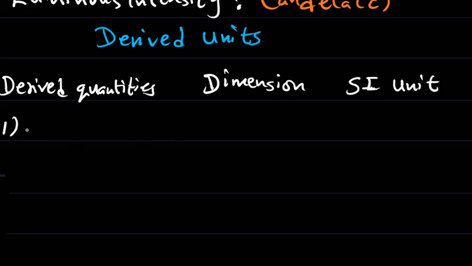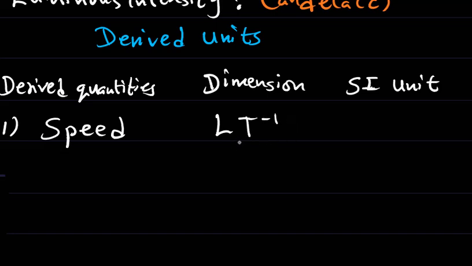Number one, speed, which of course has the same dimension as velocity. So what is the dimension of speed? We've already done this. The dimension of speed or velocity is LT raised to the power minus 1.